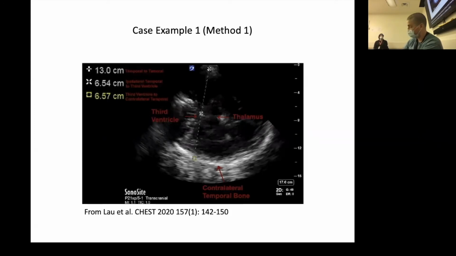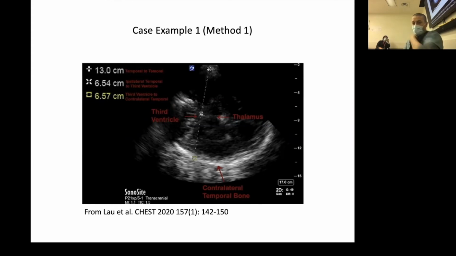Whereas if your cheeseburger moved 3 or 4 centimeters towards the contralateral temporal bone, i.e. there's a difference between the two measurements, you know you have some midline shift, which is very quantifiable and correlates very well with you measuring midline shift on the CT head.